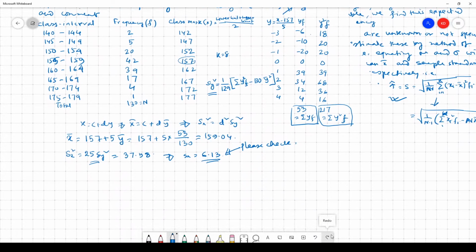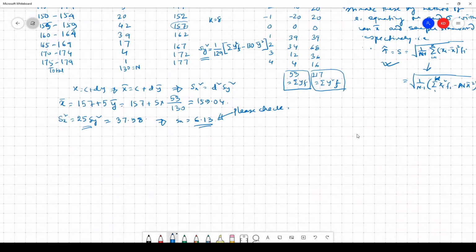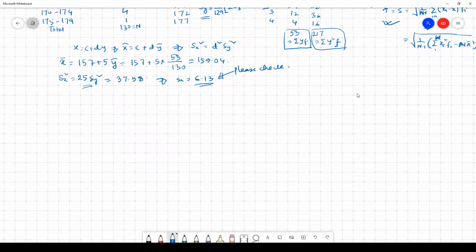So now we construct the following table.